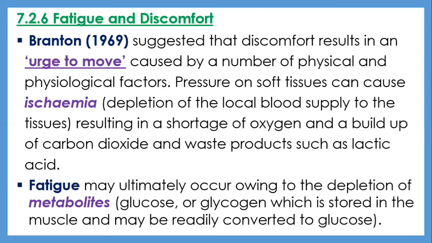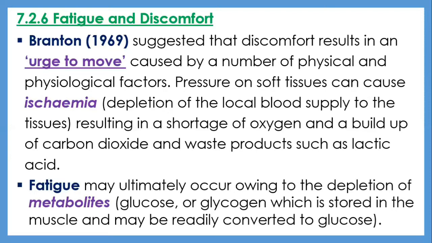And fatigue may ultimately occur owing to the depletion of metabolites or glucose or glycogen, which is stored in the muscle and may be readily converted to glucose. Now, depletion of muscle glycogen is one of the main causes of fatigue in endurance athletes such as marathon runners, because when muscles contract, they actually occlude the blood vessels within them and thus diminish their own blood supply.